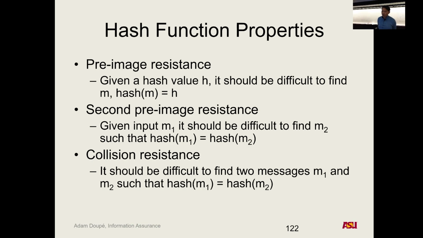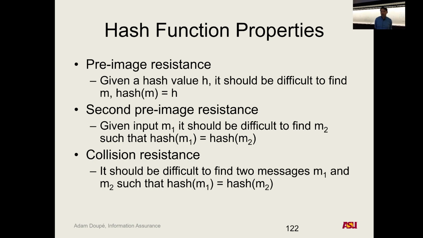And the third one, collision resistance. The second pre-image resistance, sometimes we call that weak collision resistance, and the last one, collision resistance, we call strong collision resistance. It should be difficult to find two messages M1, M2 that make the same result. It's a little bit similar to the second pre-image resistance, but in the third one we know both M1 and M2, and they cannot produce the same output.